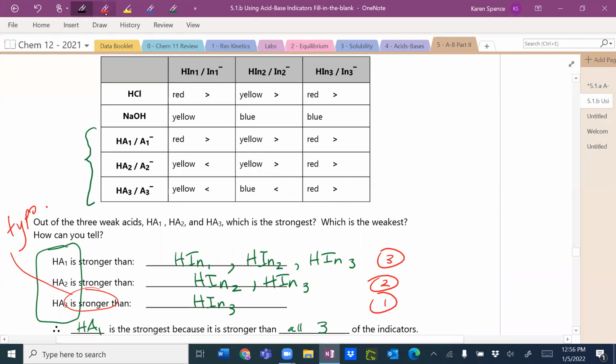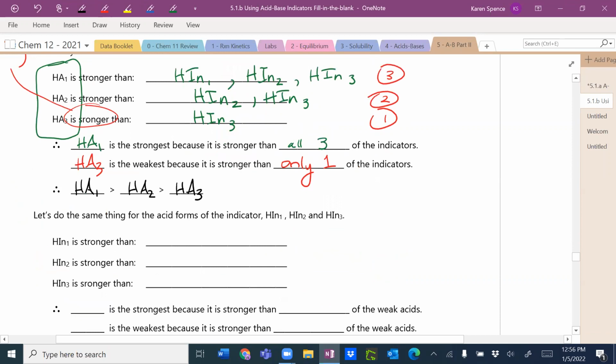So in this case, we can see that HIN1 is stronger than HA2, and it is stronger than HA3, but it is weaker than HA1. So HIN1 is stronger than HA2 and HA3.